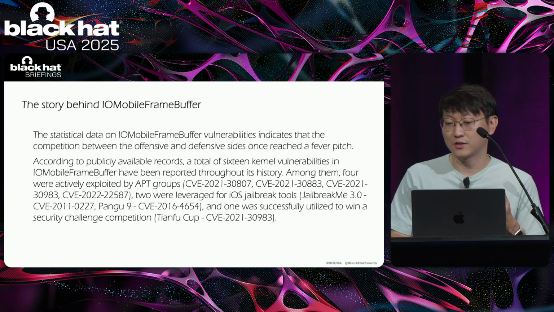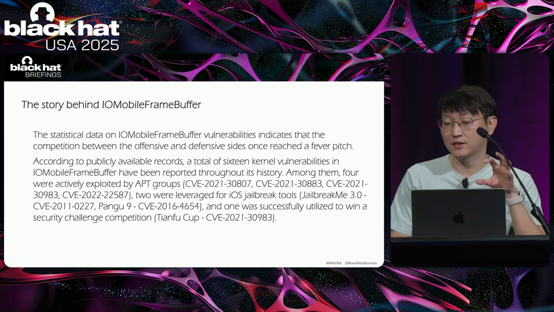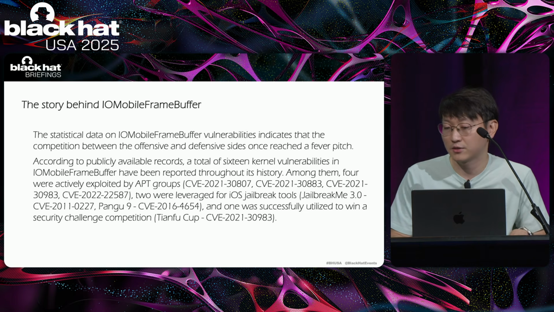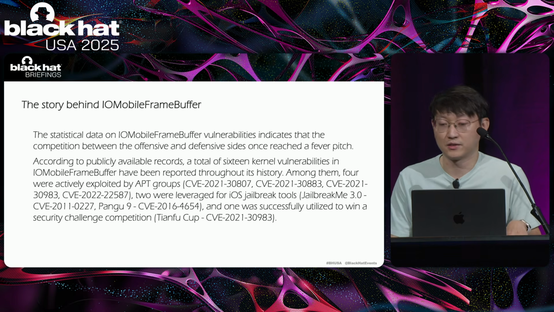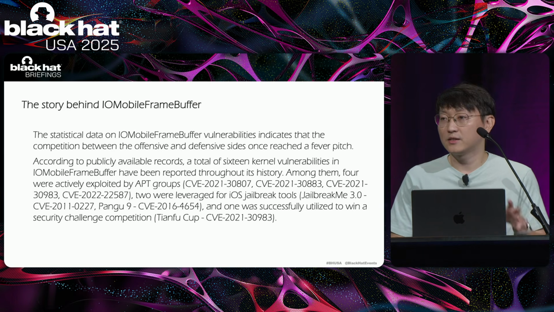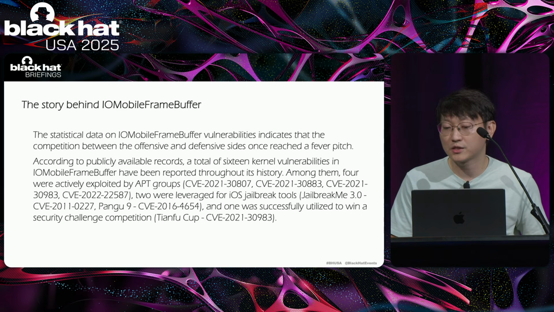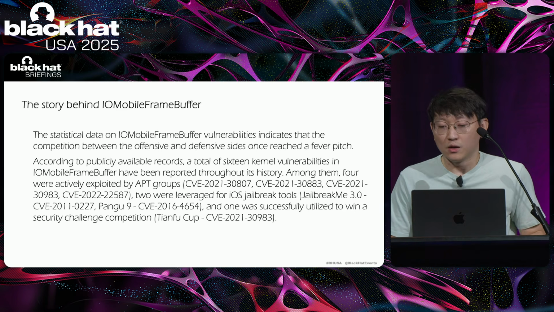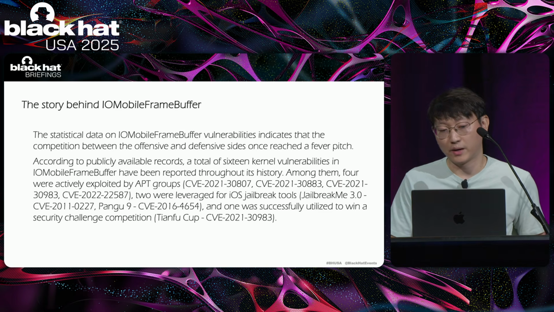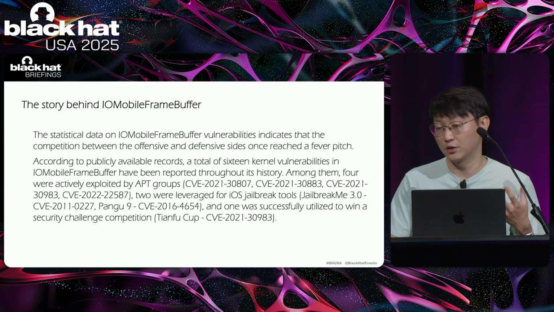This is because it can be directly accessed from web content, which means that this component can help attackers break defenses like the browser sandbox. According to public records, 16 kernel vulnerabilities from this module have been reported in the past 20 years, of which 4 were actively exploited by APT groups, 2 were used in iOS jailbreak tools, and 1 was featured in a security competition.